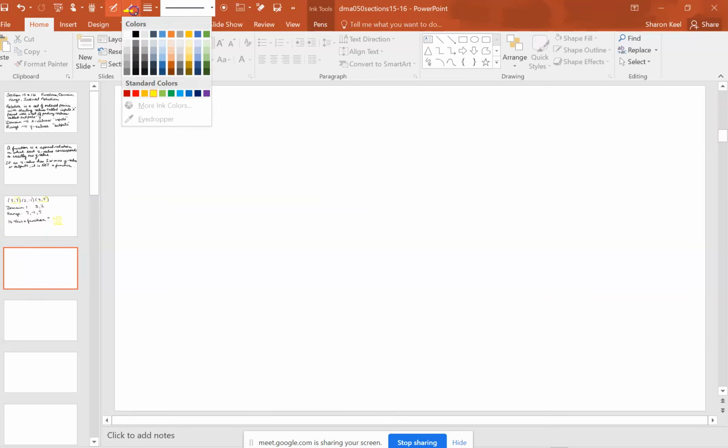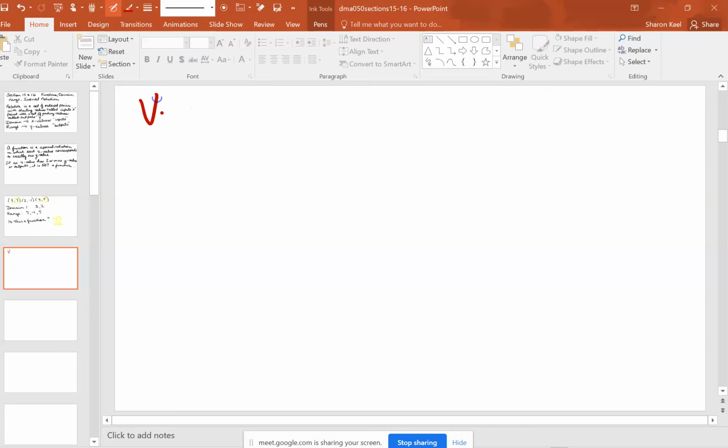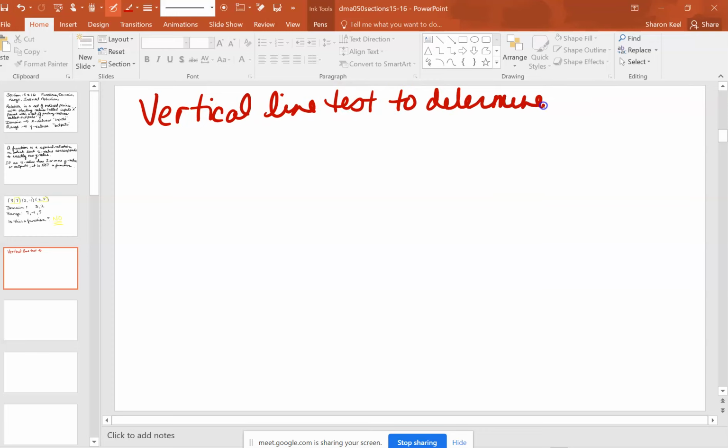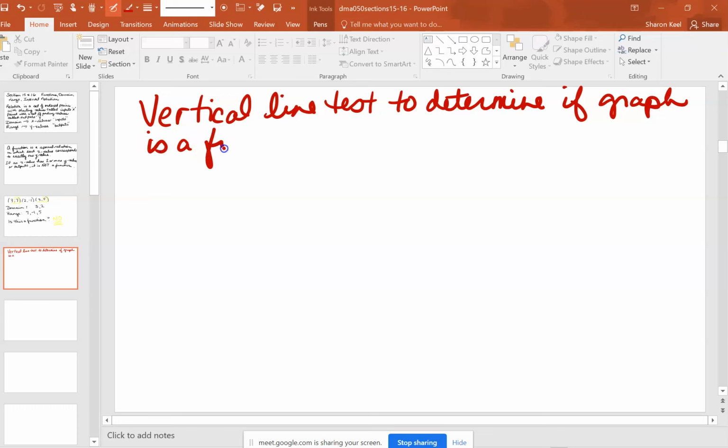Another thing that we are going to look at is something called the vertical line test to determine if the graph is a function.